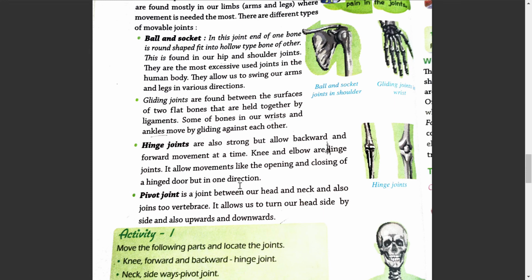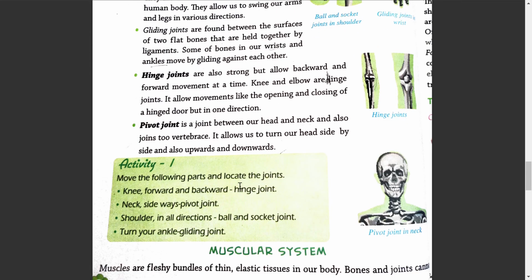It is present in the knee and elbow. Next comes the pivot joint, a joint between our head and neck that also joins two vertebrae.